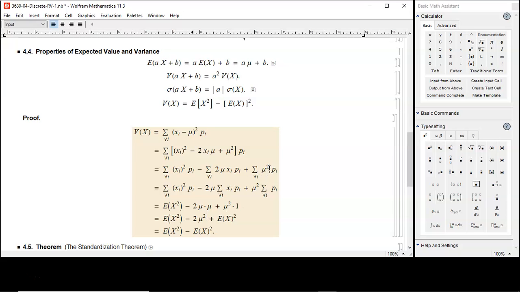Now how about the third part? Well, I can take mu squared out as a constant, and the sum of those probabilities is always 1. So this is mu squared.